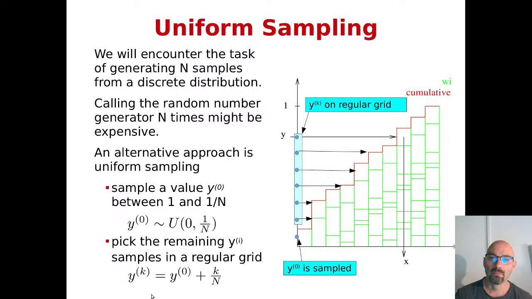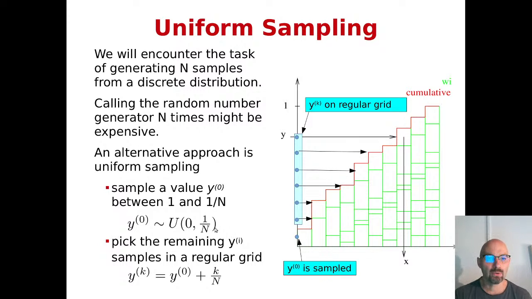So, how to respond to the problem of drawing n samples from a discrete distribution with uniform resampling. It's an algorithm which has a time linear in the number of samples that you want to generate. It works as follows. Assuming you want to generate n samples, this is your cumulative distribution.